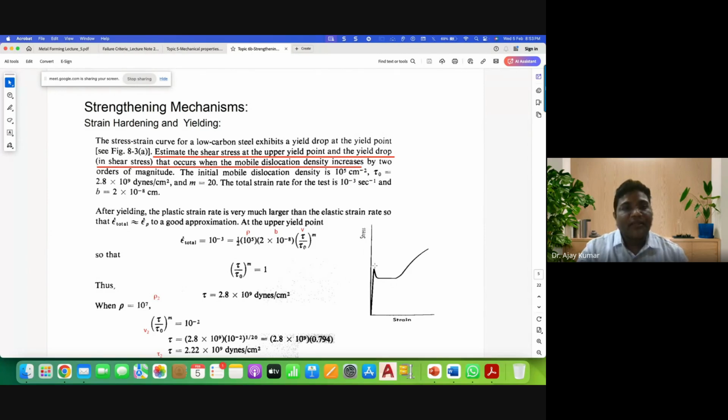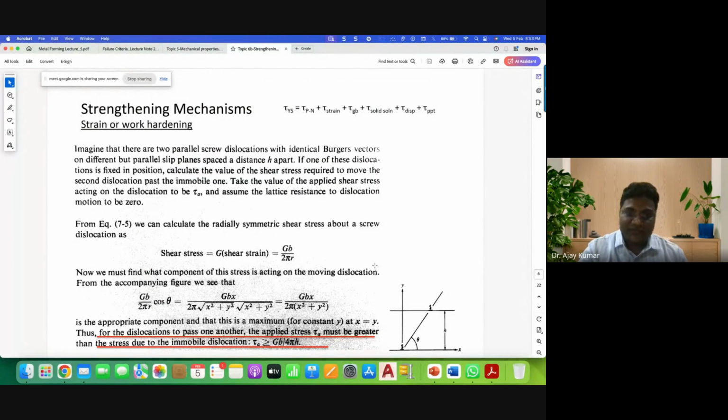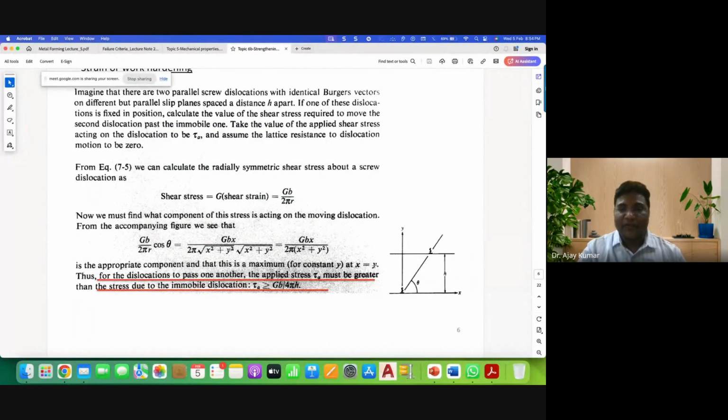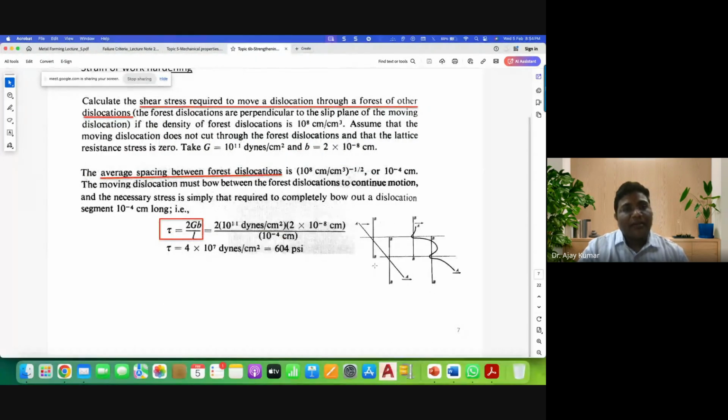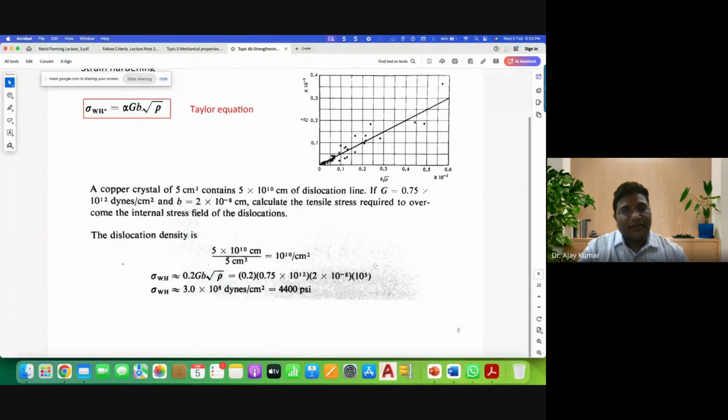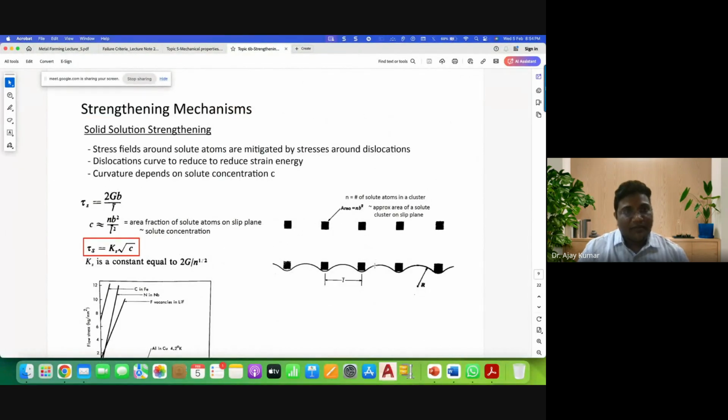That is how strain hardening takes place. There are calculations for that: you can calculate the shear stress in the material, and the dislocation density in the material, and depending on that you can calculate the contribution of strain hardening.